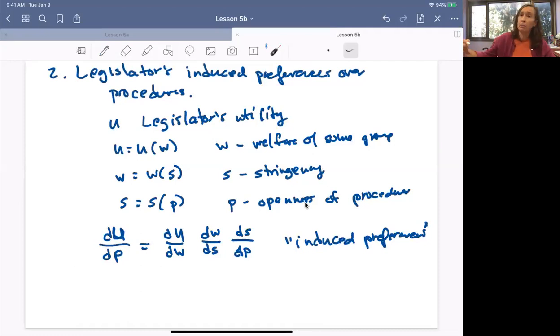This kind of model could be used to sort out an argument: if legislators' preferences are induced by the groups that are helped by the policy that's affected by the procedure, what would we expect to see under what kinds of circumstances?